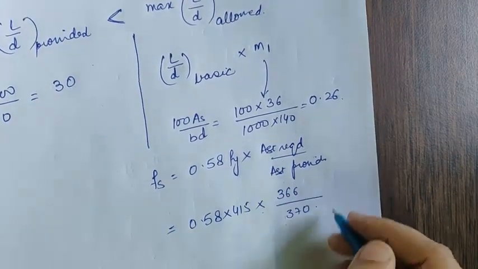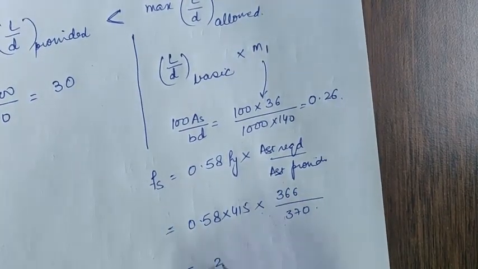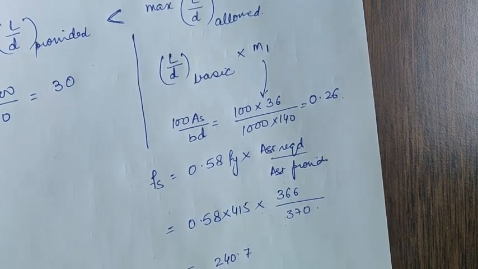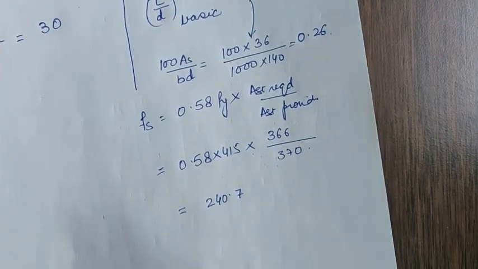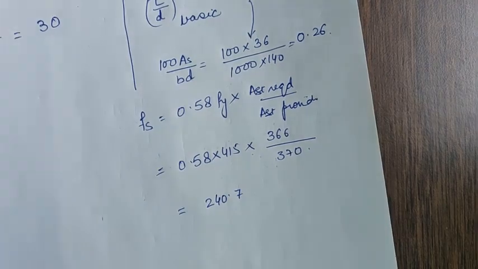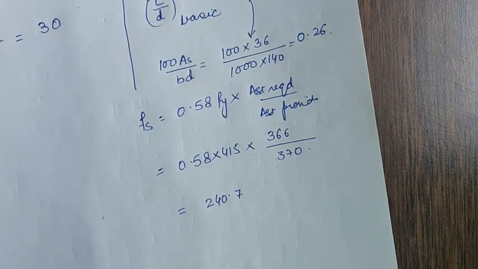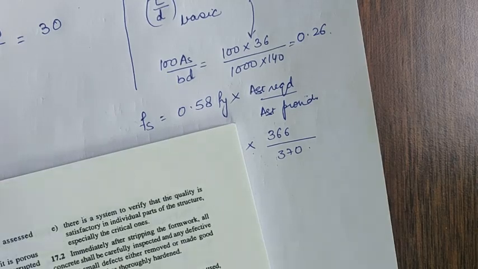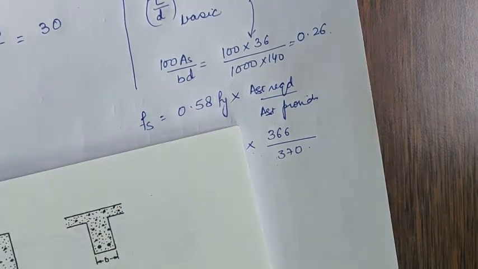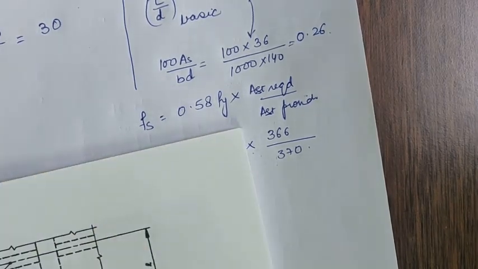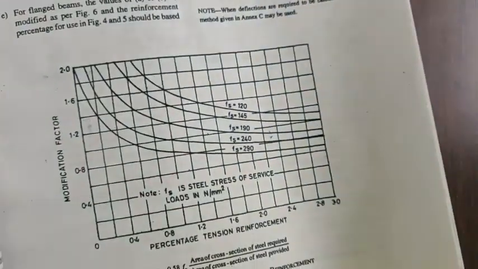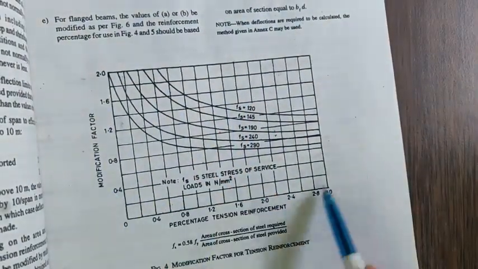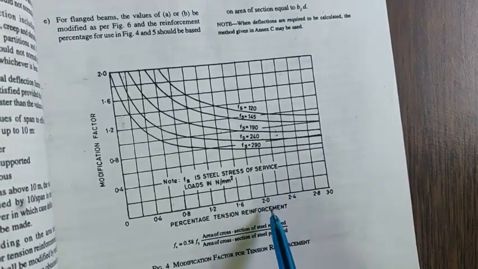If we do the calculations, it will come out to be nearly 240.7. We will be using figure 4, and from this we will be getting the modification factor.